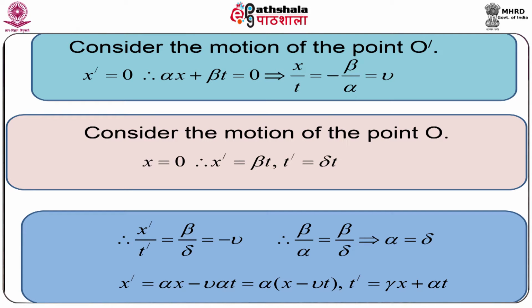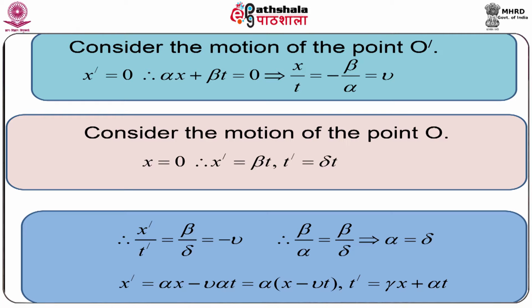Let us consider the motion of the point O dash, that is, the motion of the origin of the frame S dash. At O dash, x dash is equal to 0. Substituting this, we get alpha into x plus beta into t equal to 0.